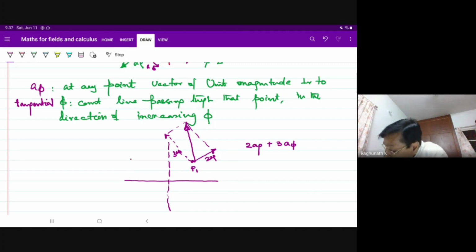If this is the point P1, carefully observe: 2 a rho is 2 units along the radial line, and 3 a phi is perpendicular to this line. This is the vector 2 a rho plus 3 a phi. The resultant is the vector at the point.